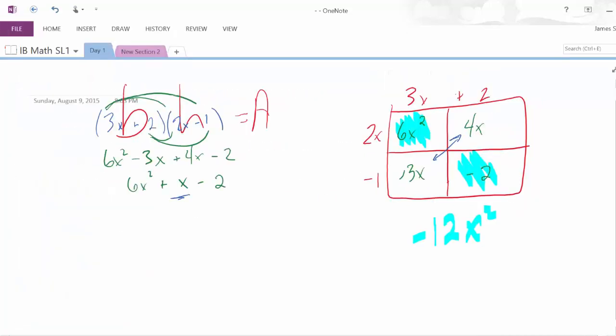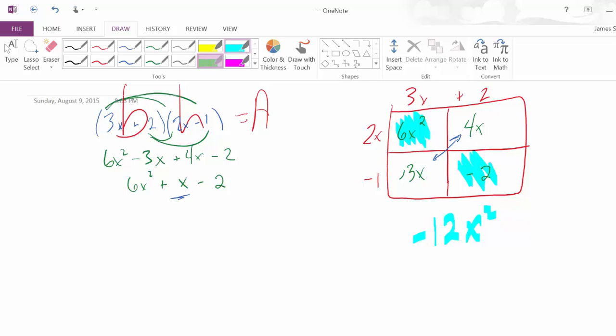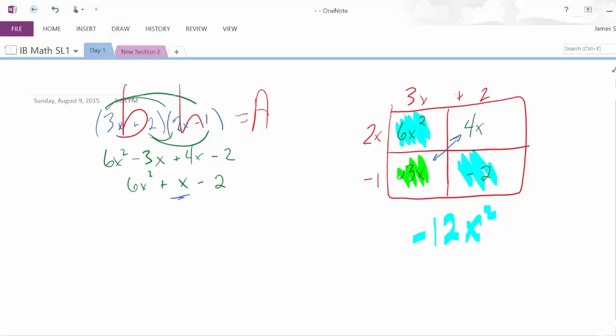And if we look at the other two, here and here, those also multiply to negative 12x squared. So keep this observation in mind. We're going to use this area model to help us factor. And it's really great for people if they struggle with factoring from time to time.